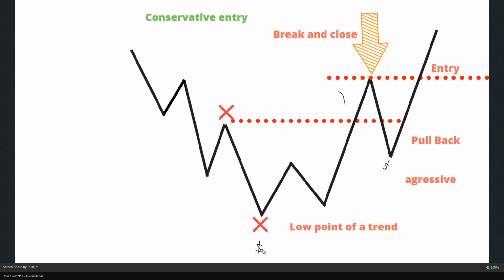Now, all my entries that I do are always going to be on the 15-minute. It becomes more conservative and probably higher probability of the thing working if you do it on the 4-hourly chart. But with the conservative entry, it's where I have my stops the widest, and that's on the 15-minute.